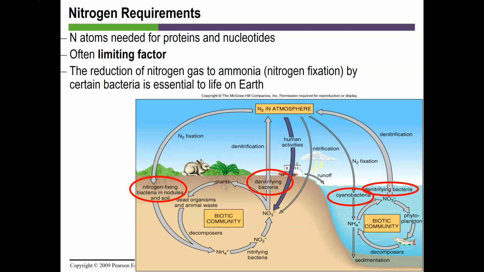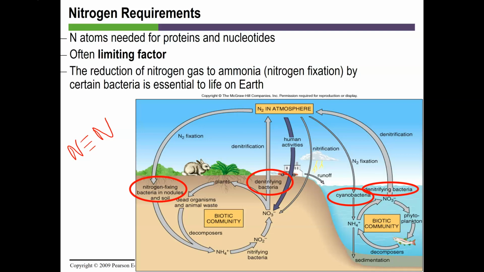If you think about nitrogen gas, N2, the form that exists in the atmosphere, there's a lot of it, but N2 has a triple covalent bond. It can't be cleaved apart by very many organisms. You might not be surprised to hear there are a few types of microorganisms that can break that molecule apart. Those are called nitrogen-fixing bacteria.